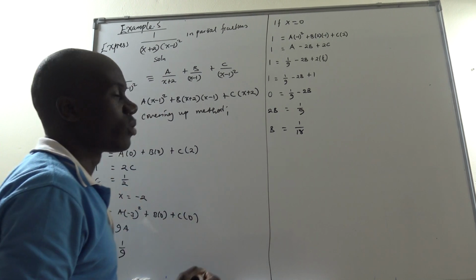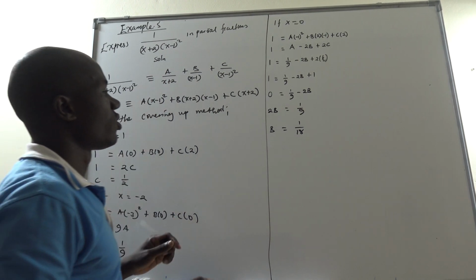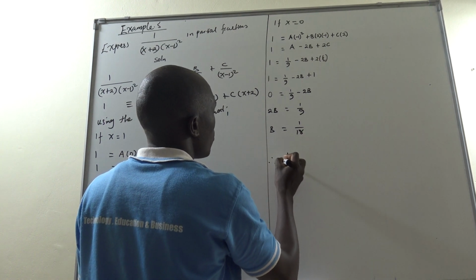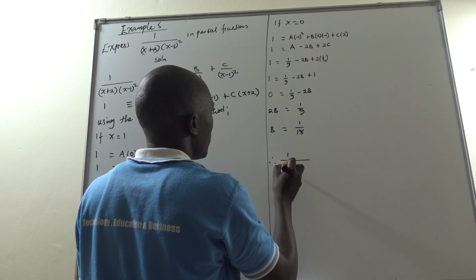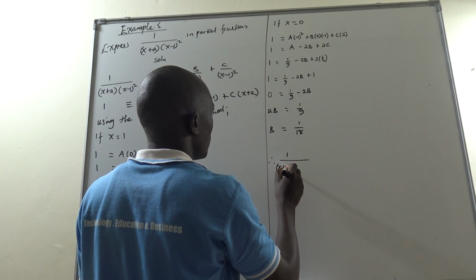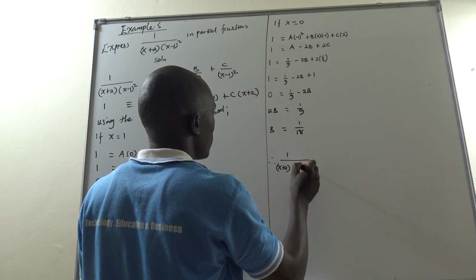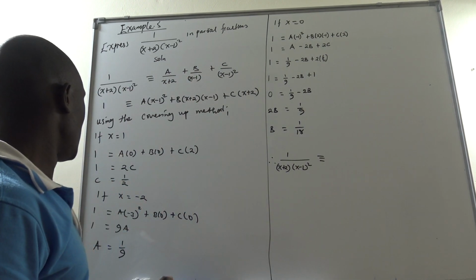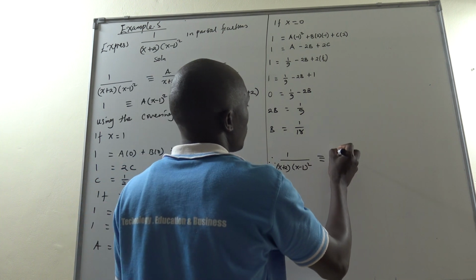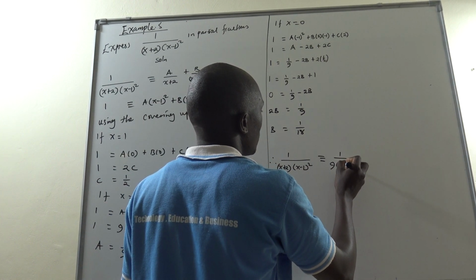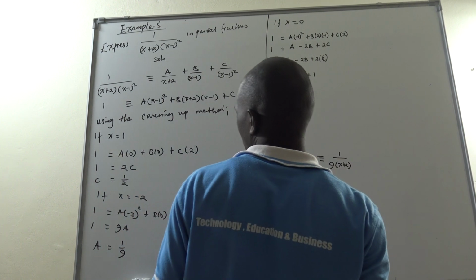So B alone becomes 1 out of 18. So after coming out with B, we are free to substitute. We say therefore 1 all over (x + 2)(x - 1) squared is the same as, do we know the value of A? A is 1 over 9. We get 1 out of 9 into (x + 2). Do we know the value of B?